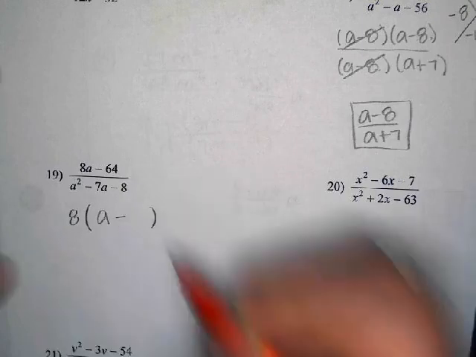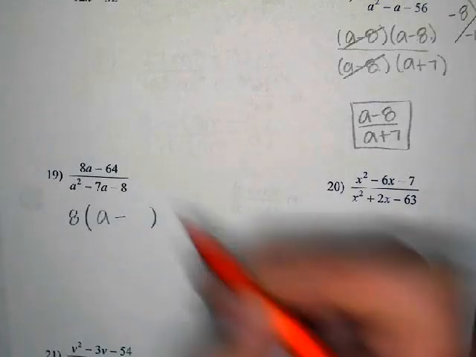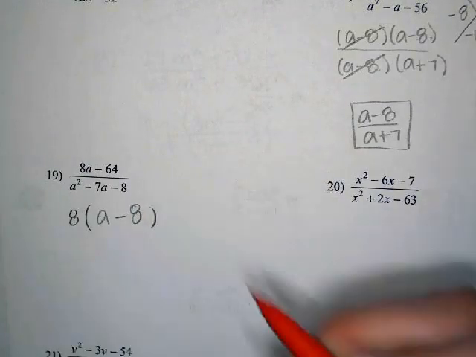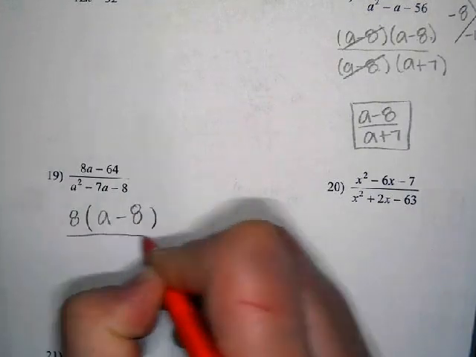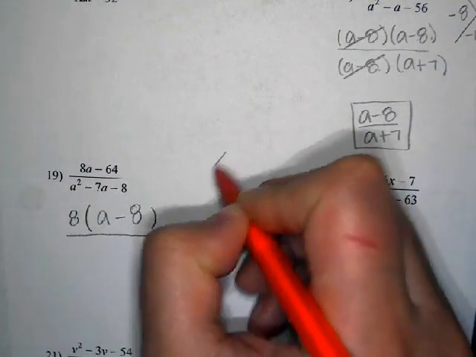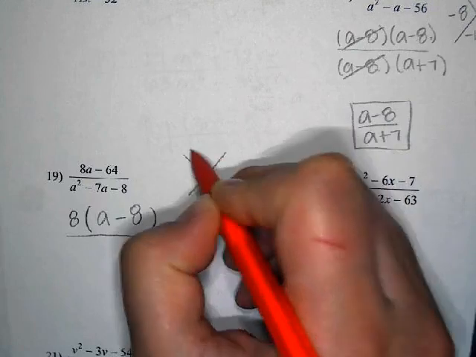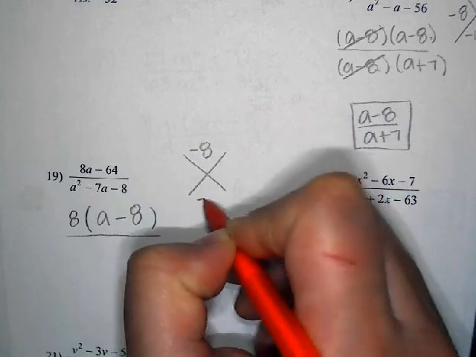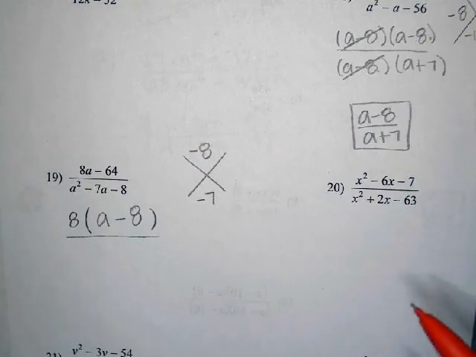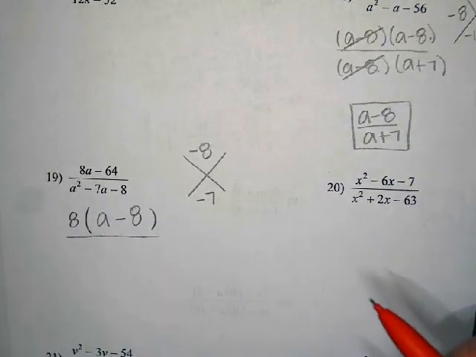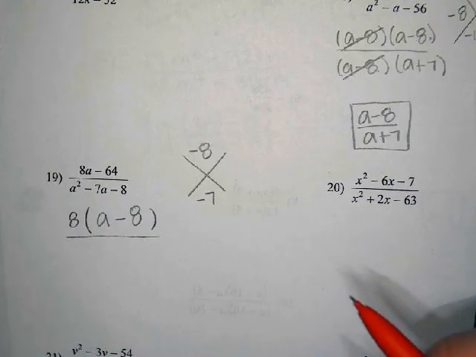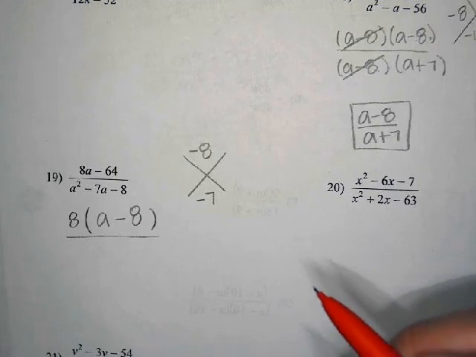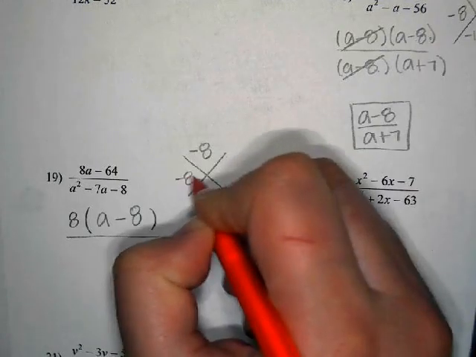And then on the bottom, we're looking for 2 numbers that multiply to negative 8 and add to negative 7. And what would do that? Negative 8 and 1. So on the bottom, we have a minus 8, a plus 1.